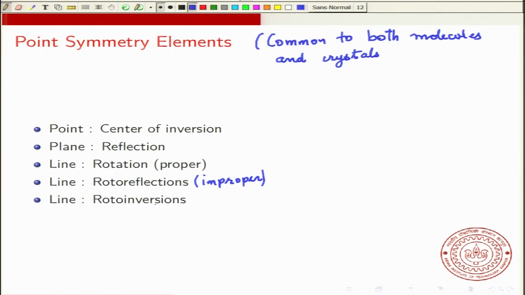Now, there are two notations that are used, and I will write them right here. The first is the notation for molecular group theory, which is due to a person called Schoenflies.